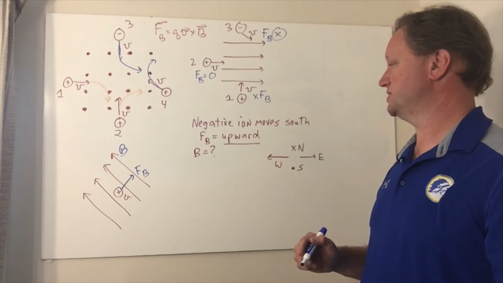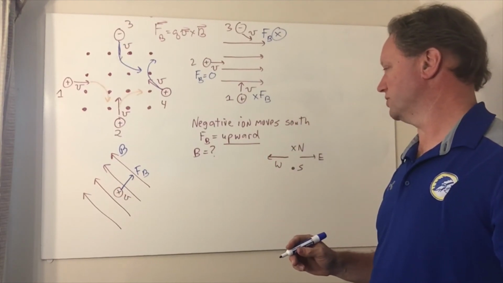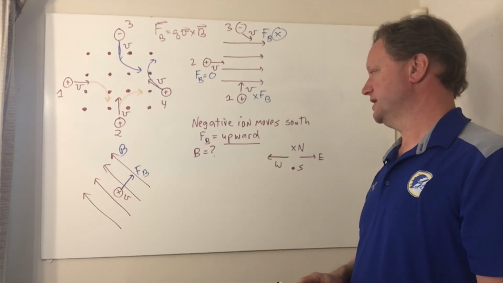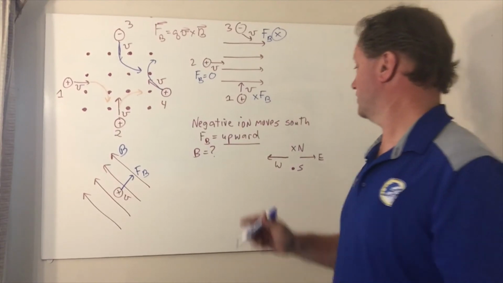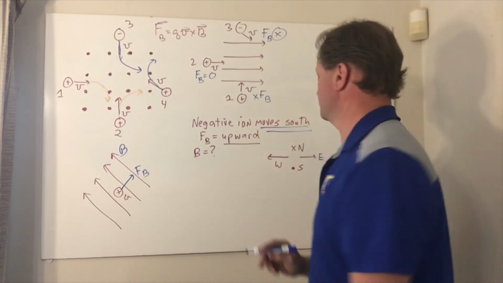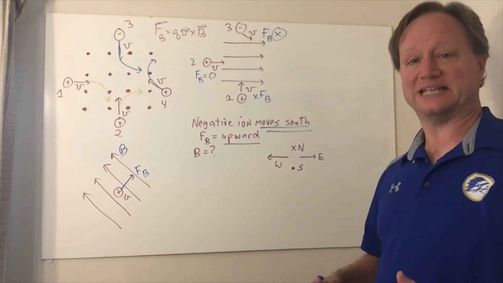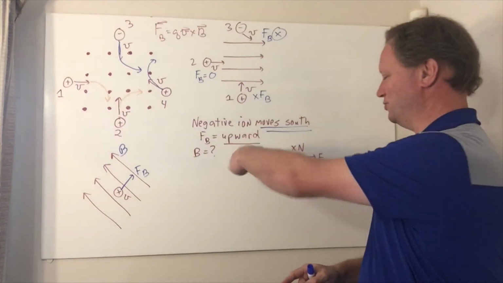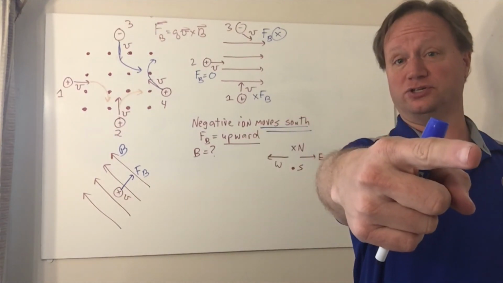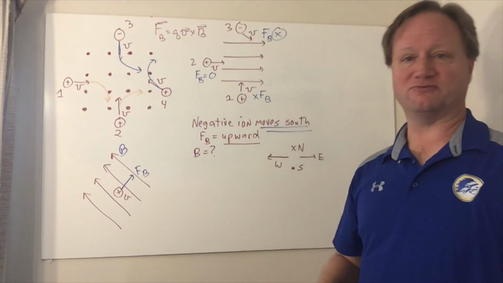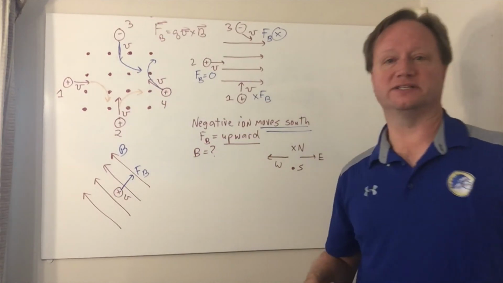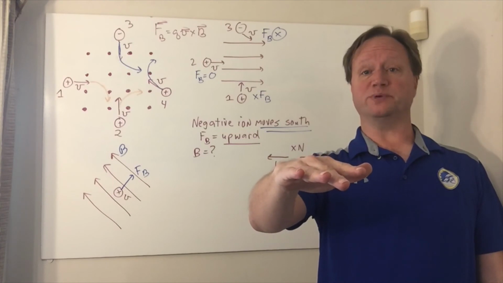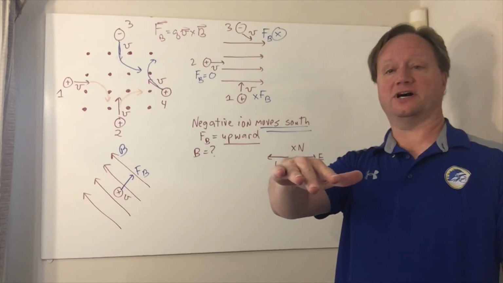Negative ion moves south. Now we know the direction of the force, okay, and we want the direction of the field. So F equals QV cross B. We know our particle is moving south. Where I am standing, okay, north is into the board, south is towards you, and then I have east and I have west. So if my ion is moving to the south, then V, I would point towards you, crossed into B, I want to end up with an upward force.